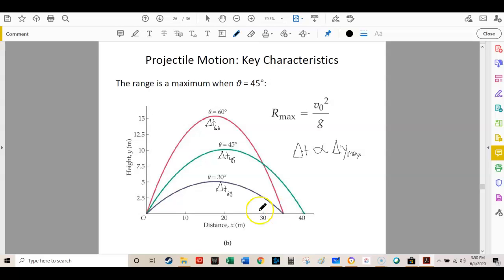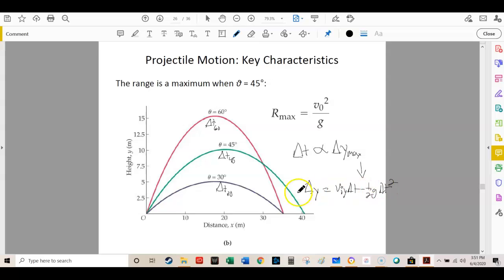And that's because the time of flight for this 30-degree angle is much shorter, because it's not reaching a maximum height like this one, right? Just incidentally, if you're launching at that angle, you get delta y is equal to v_iy delta t, well, actually minus 1/2 g delta t squared, right?